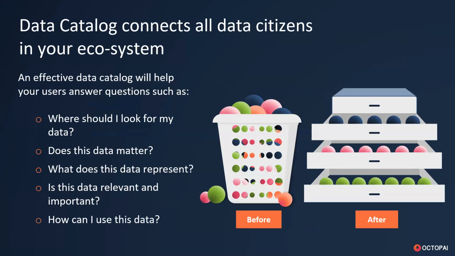Okay, so here on screen, there's the data catalog that connects all data citizens in your entire ecosystem. Now users across the organization, not just IT, as I mentioned, all the stakeholders have one source of the truth, a catchphrase that everyone wants to use, and we actually make it happen.